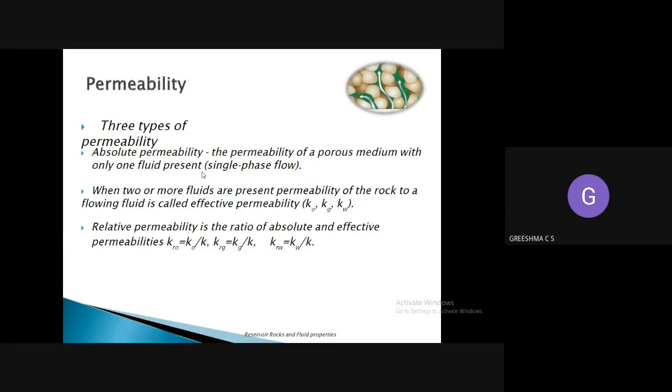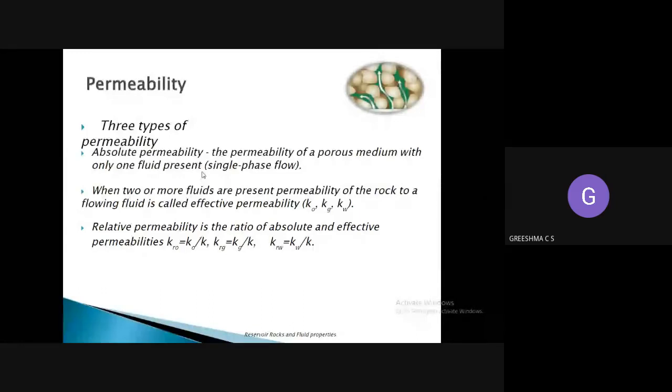Coming to relative permeability, it is a ratio between absolute and effective permeability. Okay, we got the three types of permeability. Absolute permeability means it allows the flow of only one kind of fluid.